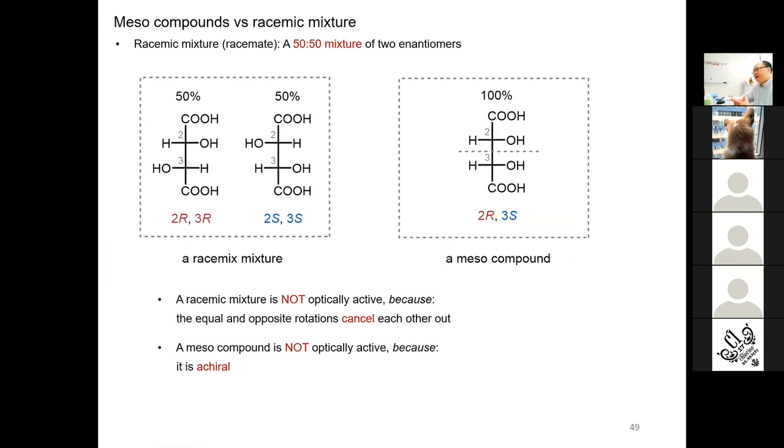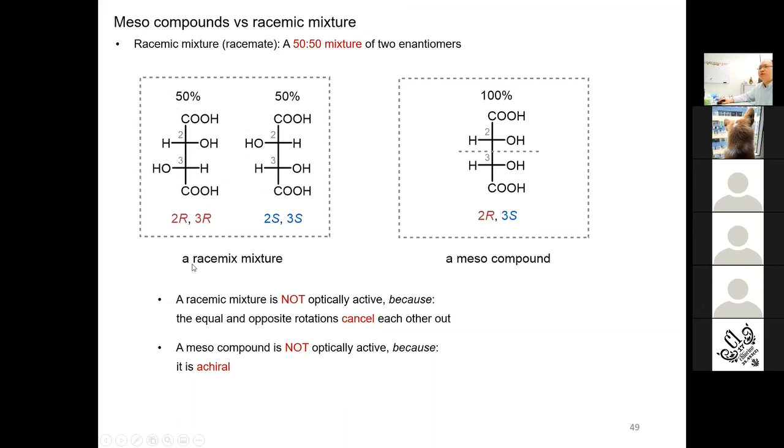Okay, then we already know the concept of meso compounds, right? Then I'm going to introduce another concept called the racemic mixture. A racemic mixture is more like a physical concept, because you mix the two pure molecules together.